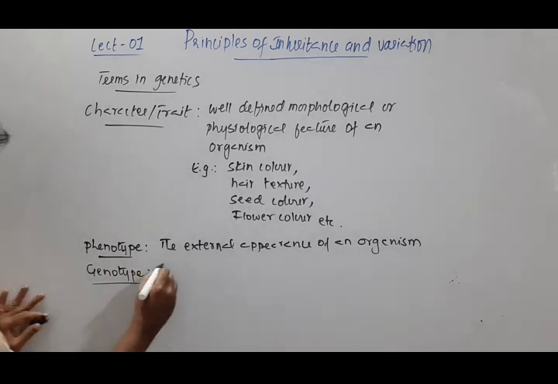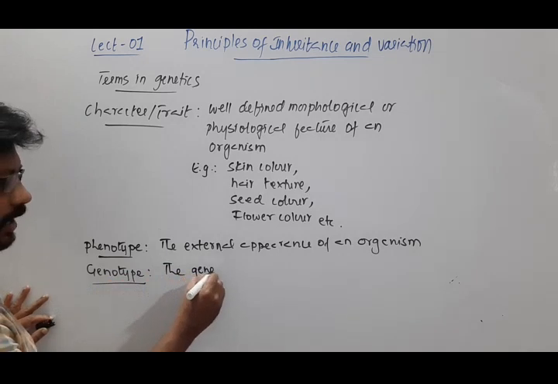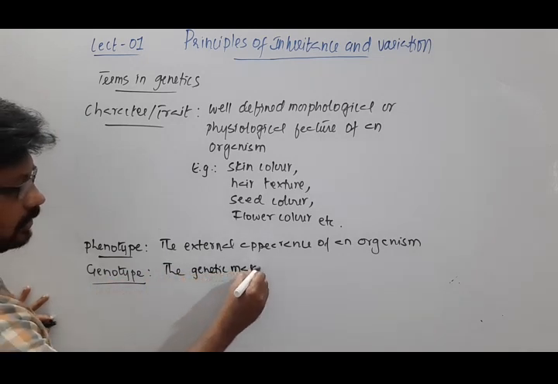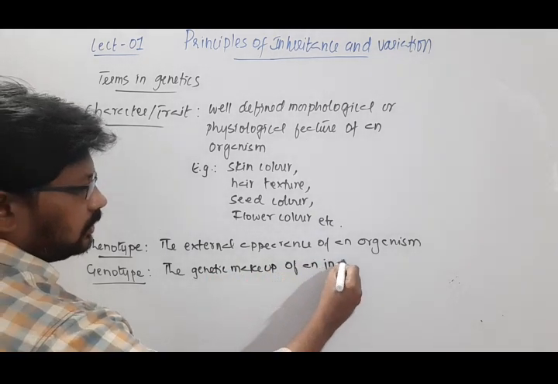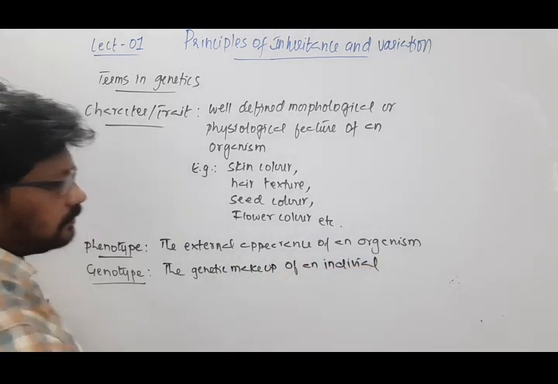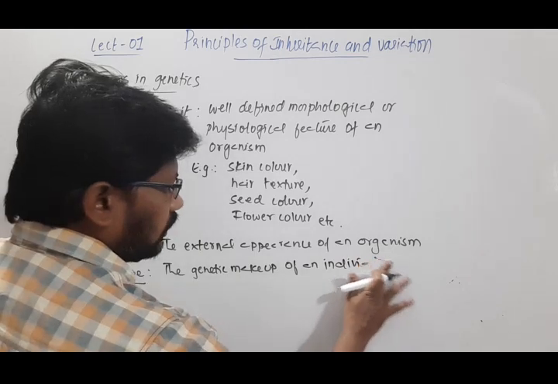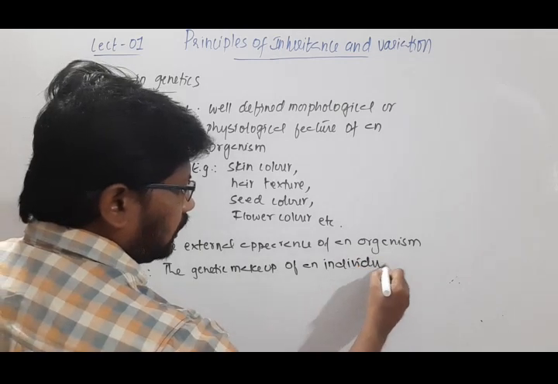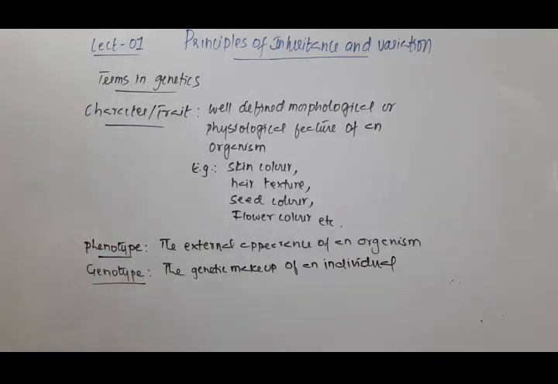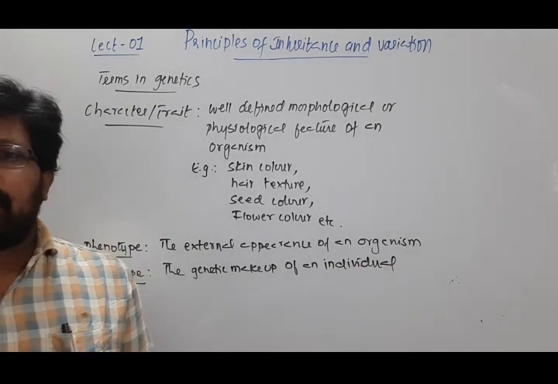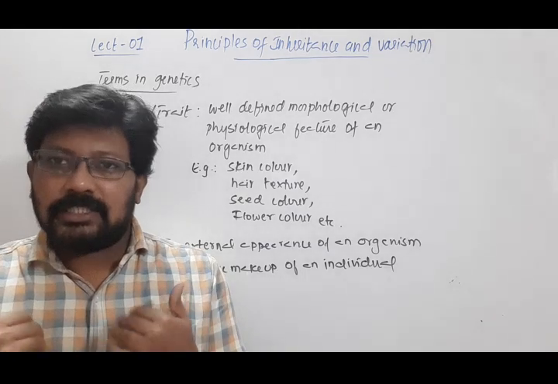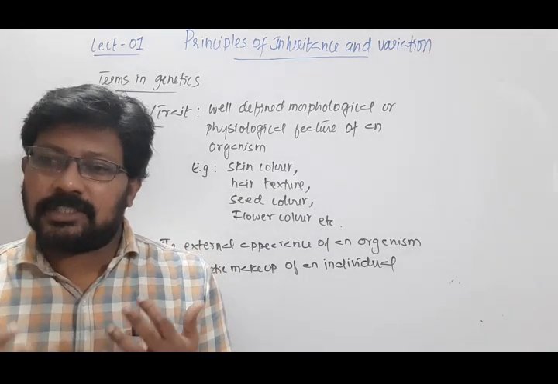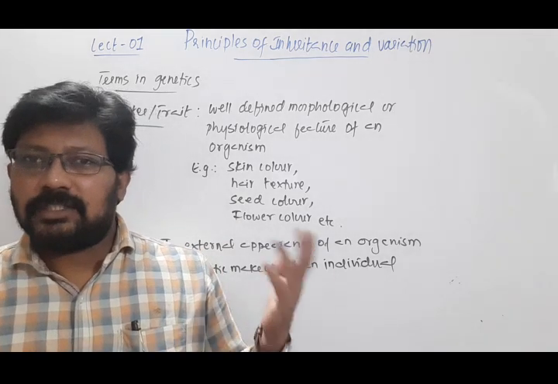Genotype is the genetic makeup of an individual, meaning what genes are present in an organism. What genes are present inside me or in someone else.